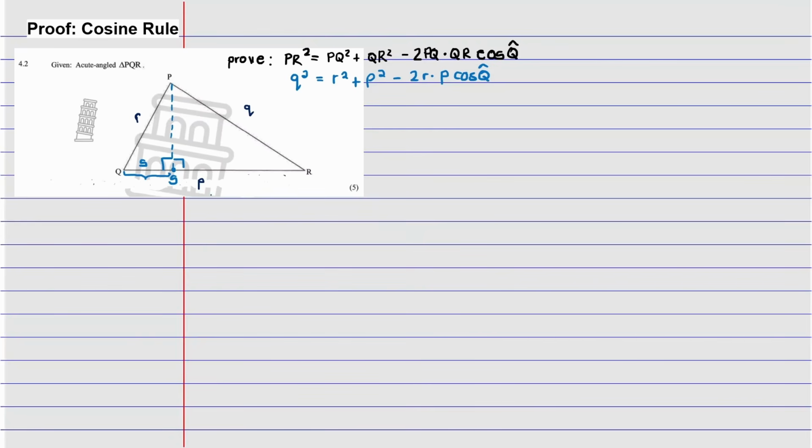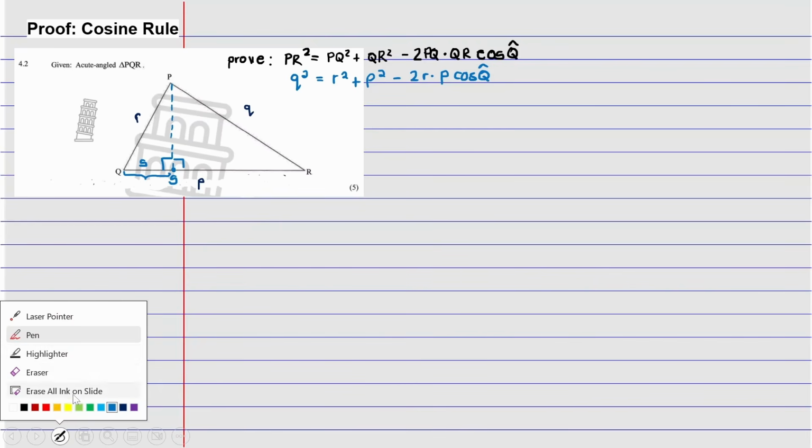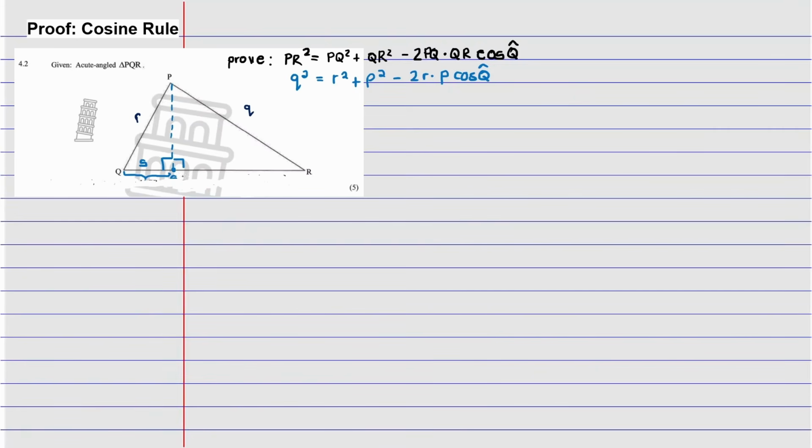If this whole thing here is p, we know that, let me just take my eraser, okay, this is point S, right?